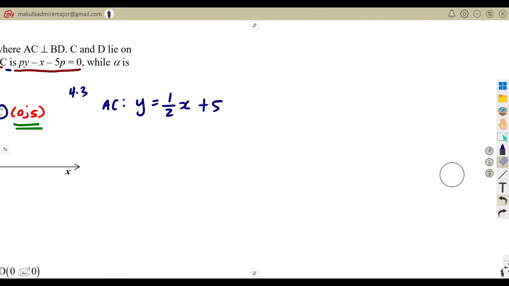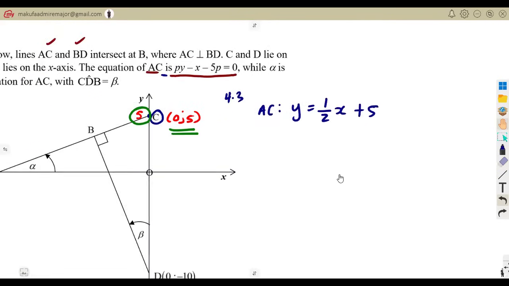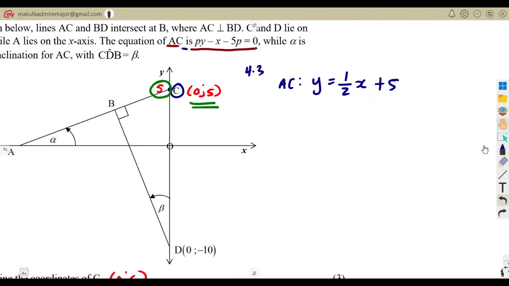So meaning to say, if these two lines are to intersect, we have to solve them simultaneously. AC, we have got its equation. But BD, we do not have its equation. So we are forced to find the equation of BD. So how are you going to determine the equation of BD? Remember that BD is perpendicular to AC.